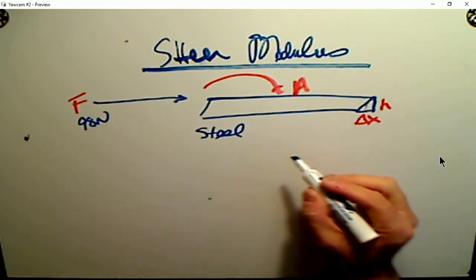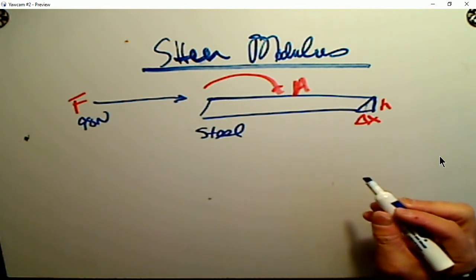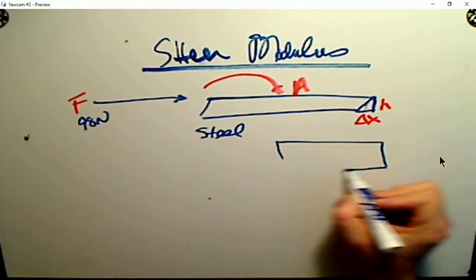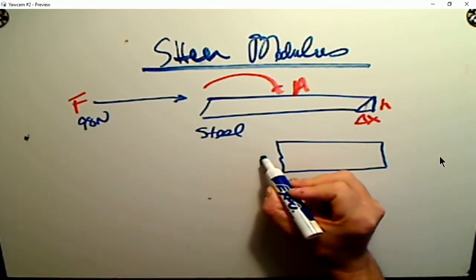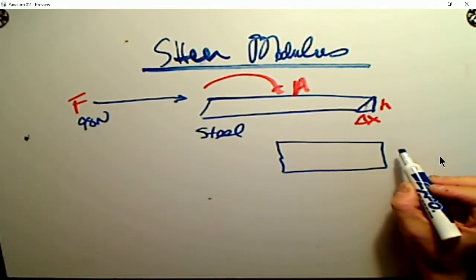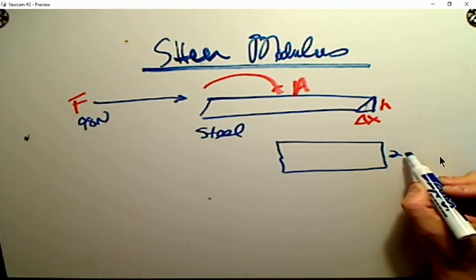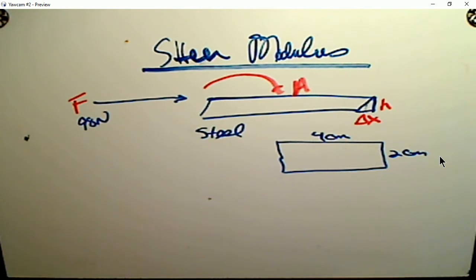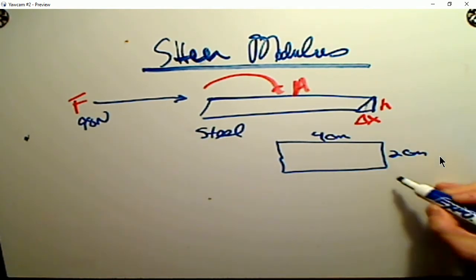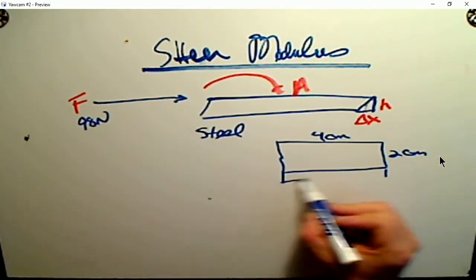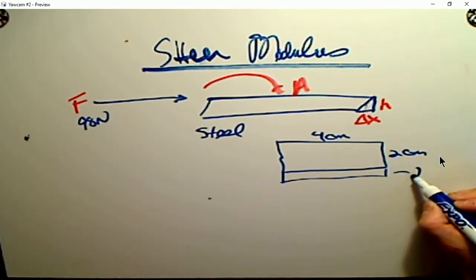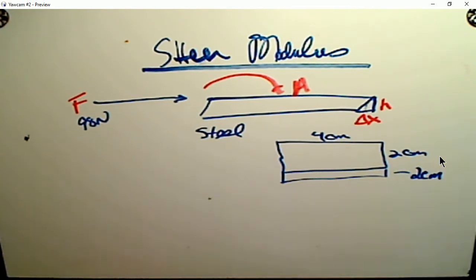Let's say that this is a bar that on the top, if we look at it from the top, is 2 centimeters by 4 centimeters. What we're going to use is the height of 2 centimeters. And I apply this force to it.